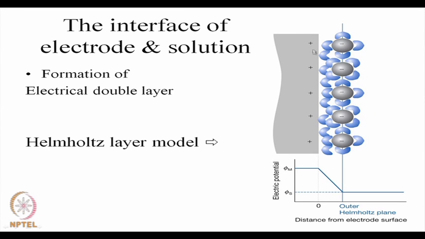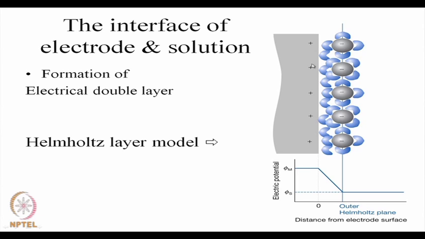Plus charge may be accumulated over here and minus charge is also here, so this plus is attracted by another minus. As a result you have a layer of plus charge and a layer of minus charge. It is called the electrical double layer, which is formed when you dip a piece of metal in a solution containing electrolyte.